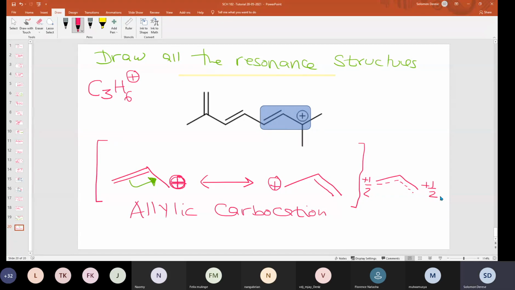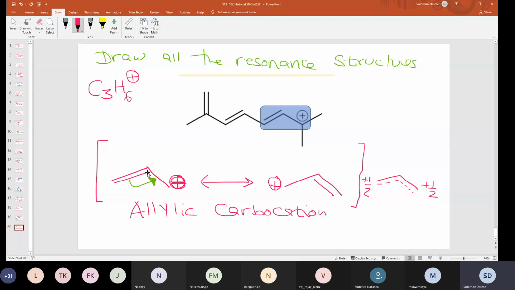If this is clear, I will show you how we can draw the resonance structure of that and many other things. Is it okay? Yes. Okay. So let me draw the resonance for this, okay? I want you always to recognize this thing, okay?